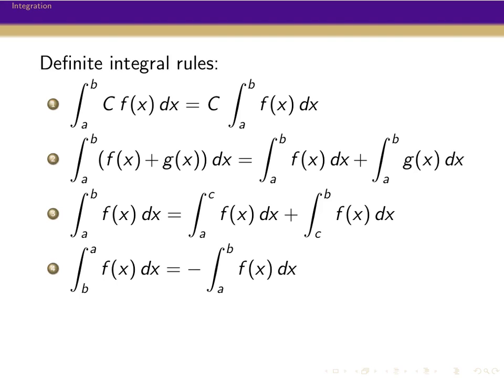The idea here is that if we're doing the integral from a to b of our function, but instead of going from left to right, we went from right to left, that actually makes the area counting go backwards.